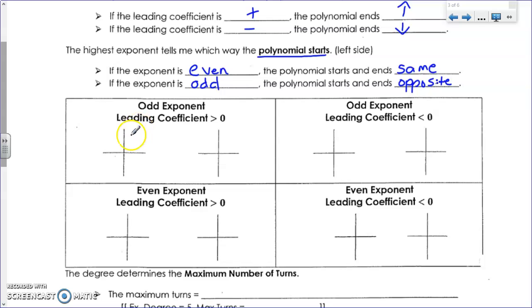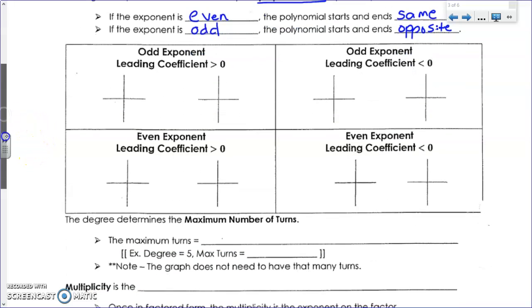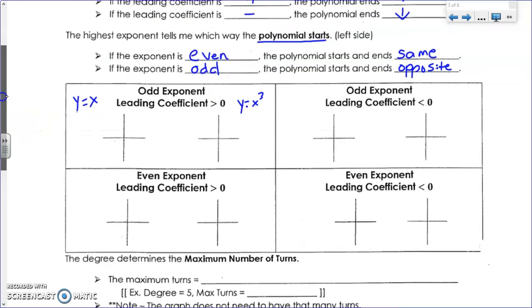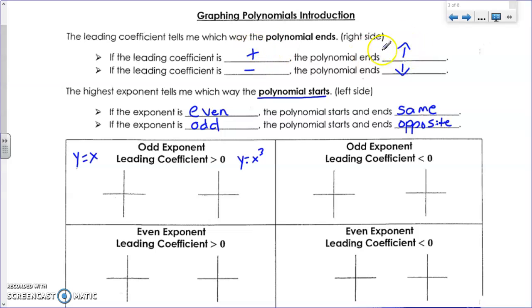Now this will make more sense once we put it into practice. Okay? Does anybody remember all this from Algebra 2? Kind of, sort of. All right. So if you have an odd exponent, that's like y equals x and y equals x cubed. The leading coefficient's greater than 0, so that means it's positive, so it's going to end up.